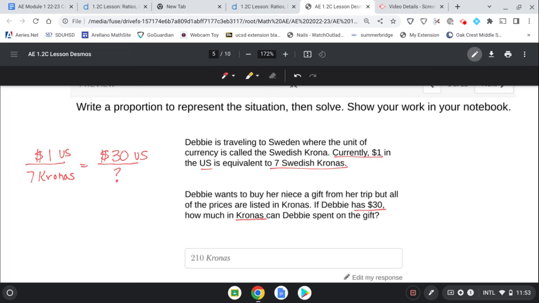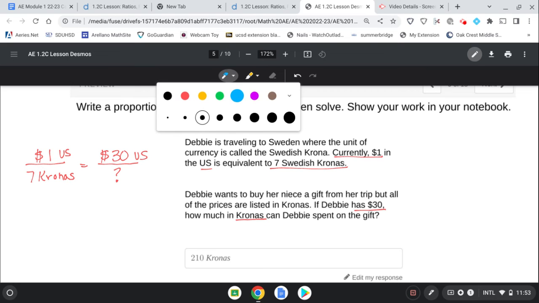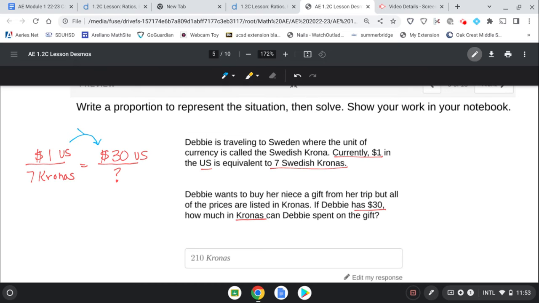How many Swedish kronas is that? So what do you multiply 1 by to get 30? That would be 30. So 1 times 30 is 30, so 7 times 30 would be 210. So 30 US dollars is equivalent to 210 kronas.